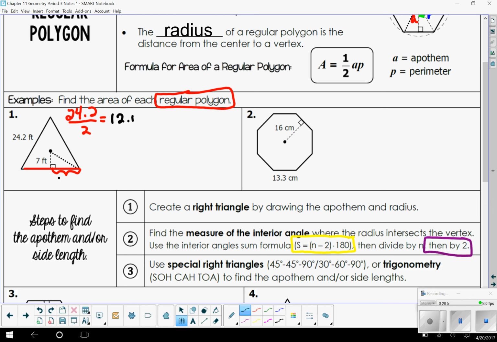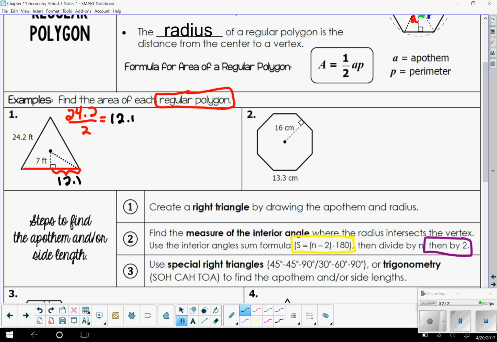So this right here is 12.1. So what do we have? We have the apothem. Do we need the radius? No, we don't really need it. Why? We just need the apothem and the perimeter.